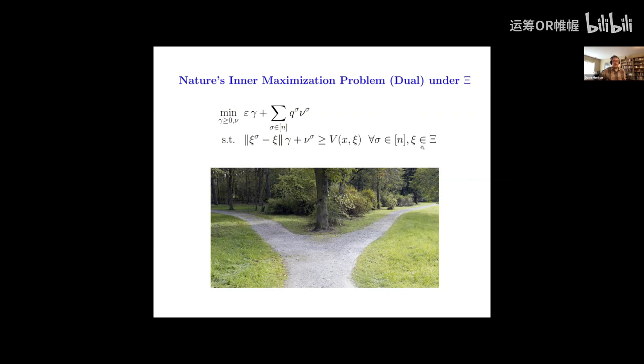So now we're going to have this continuum, and how do we deal with that? For the moment, we're again in just nature's inner minimization problem. The outer x has been fixed, and so this value function here is just data. Well, it's at least data given x and given Xi.